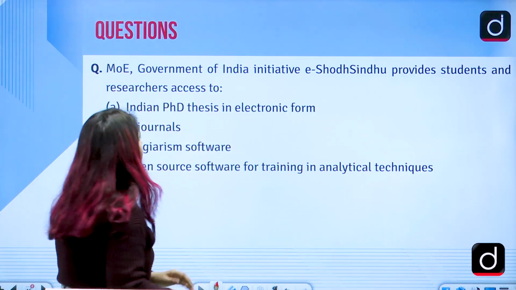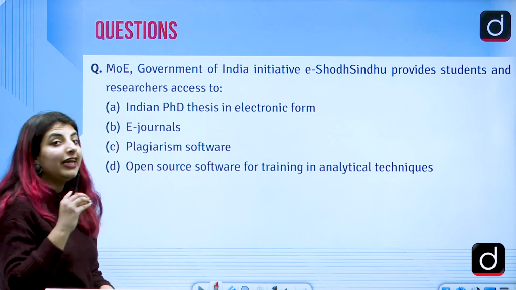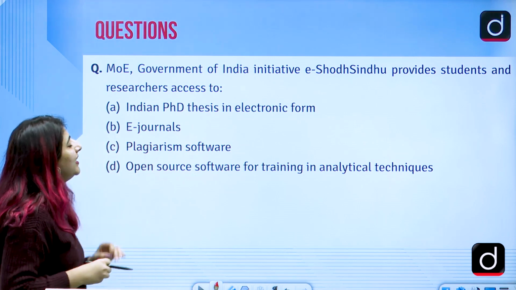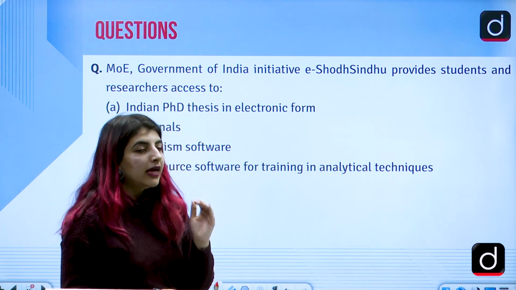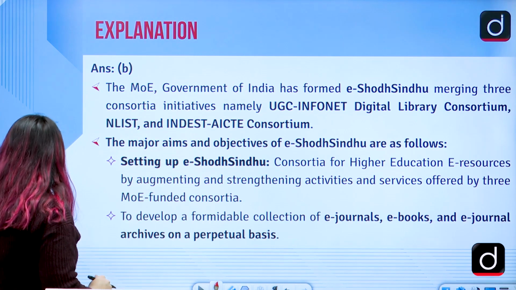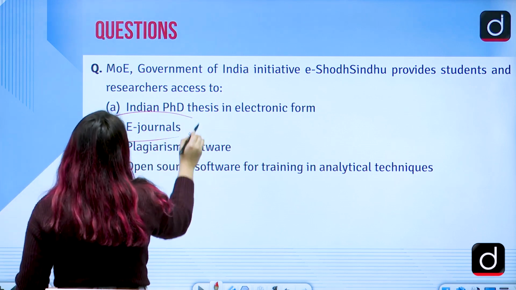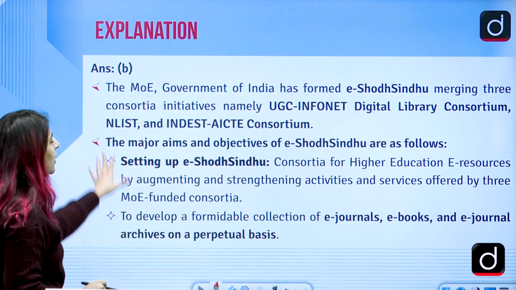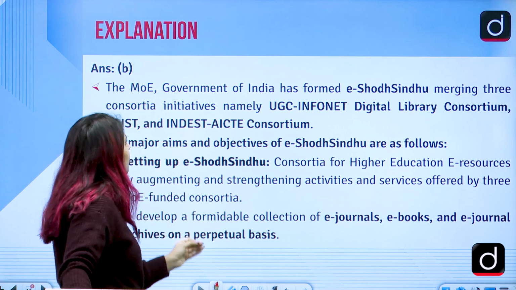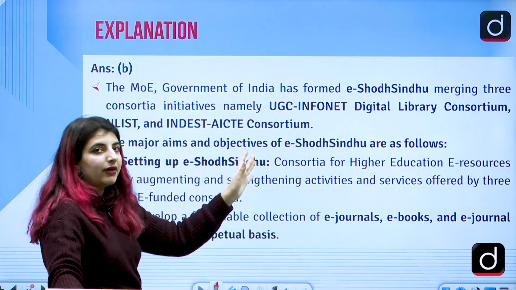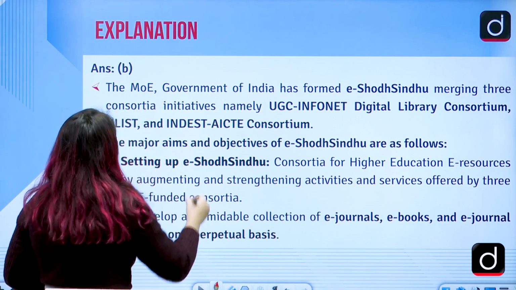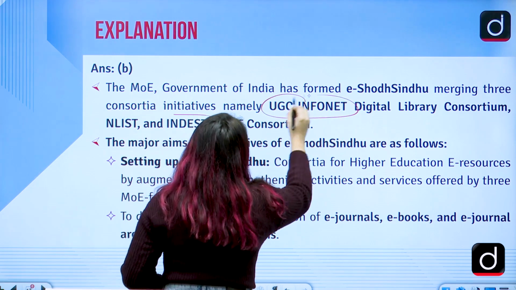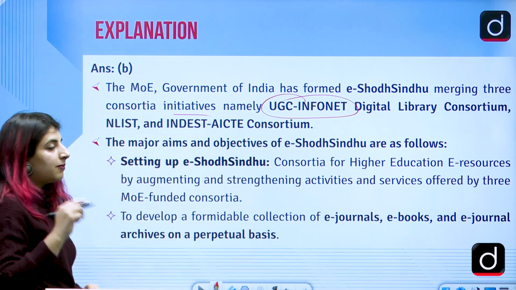Next question is: the MOE, Government of India initiative, E-ShodhSindhu provides students and researchers with access to what? It provides access to option B, that is e-journals. The MOE, that is the Ministry of Education, Government of India, has formed E-ShodhSindhu by merging 3 consortia, namely UGC InfoNet Digital Library Consortium, number 1.